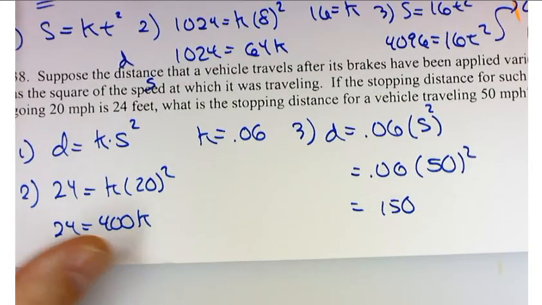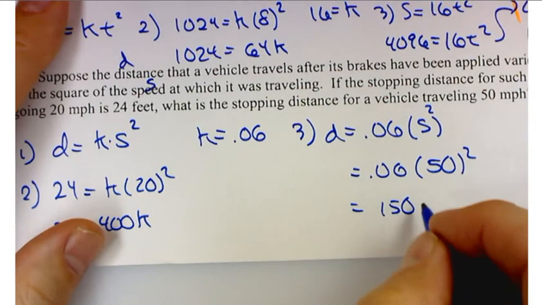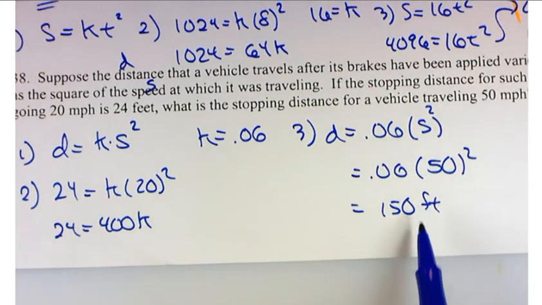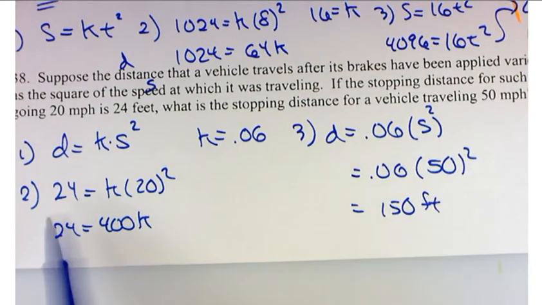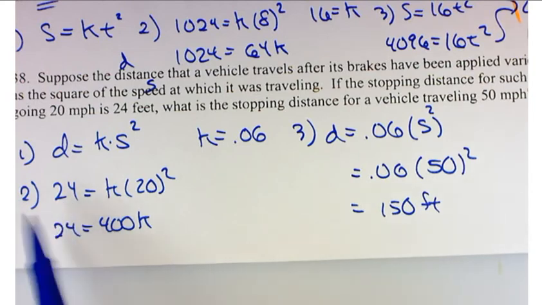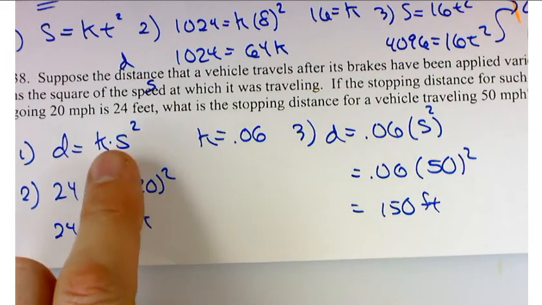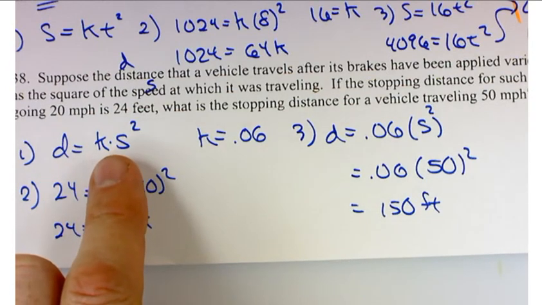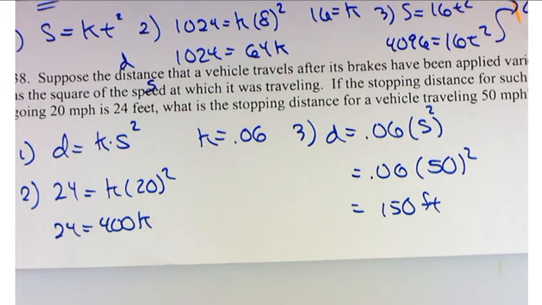What do you think the units are going to be? Feet. What's surprising is that that distance does a lot more than just double, even though we've done a little bit more than double the speed. So the reason for that is because it's not a linear relationship. It goes up with the squared.